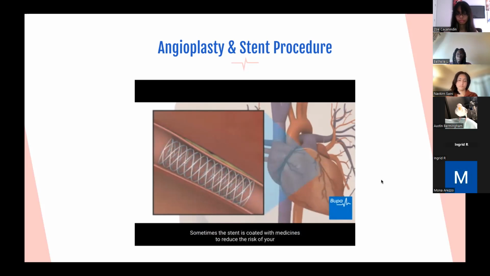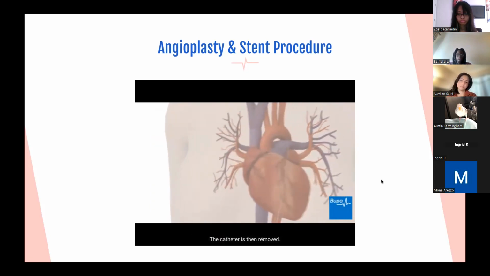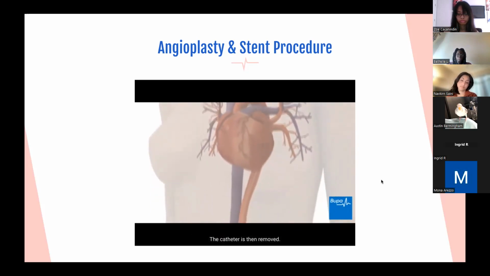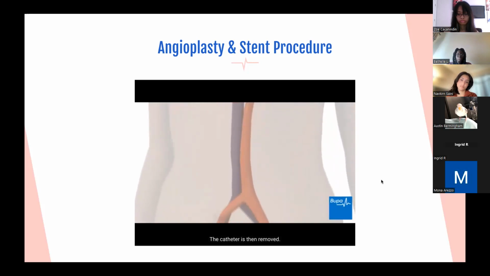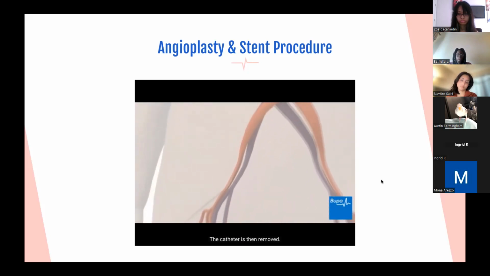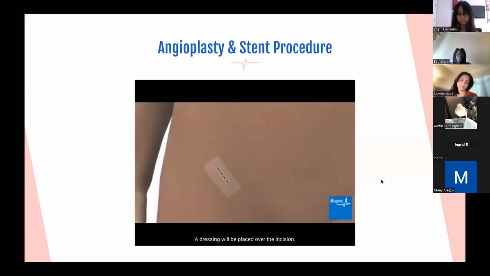Sometimes the stent is coated with medicines to reduce the risk of your artery narrowing again. Here we show the blood flowing through the artery with the stent in place. The catheter is then removed. A dressing will be placed over the incision.